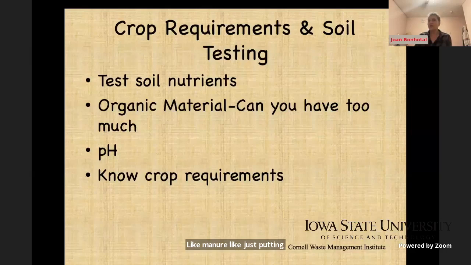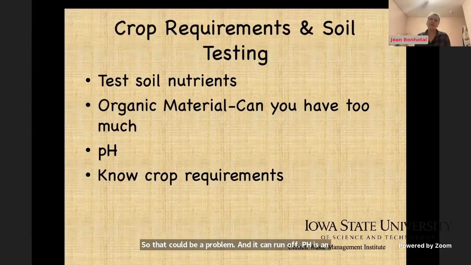We might have too much that's not bound, so that could be a problem and it can run off. pH is an important thing also. Knowing the pH of your compost and the pH of your soil will allow you to balance that a little bit more so you can grow your vegetables and fruits. Know crop requirements.